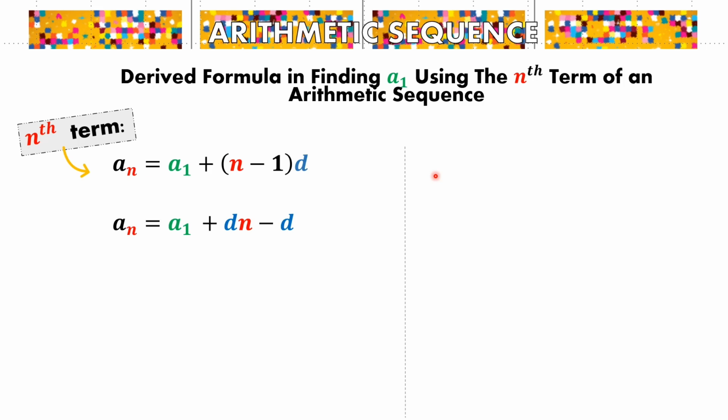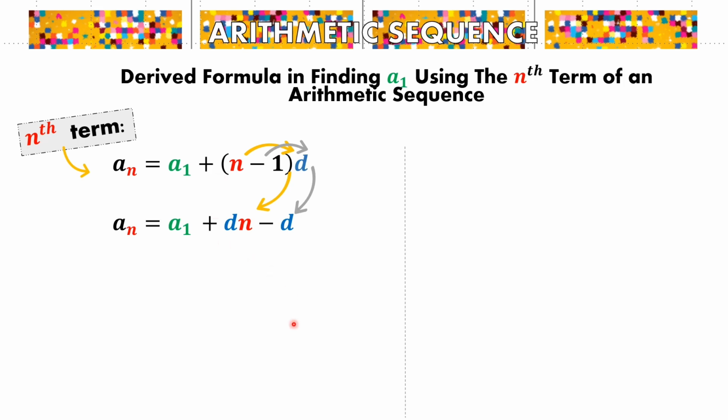The main objective here is to isolate a sub 1 to derive its formula. So by distributive property, n times d is dn, and negative 1 times d is negative d.